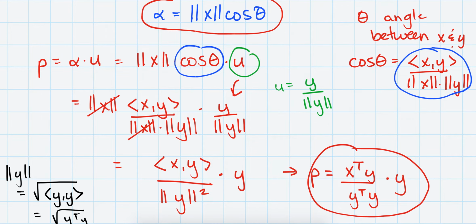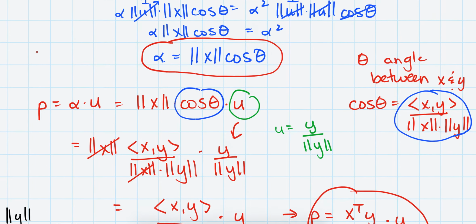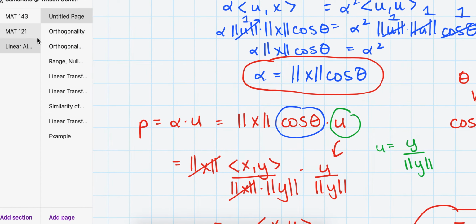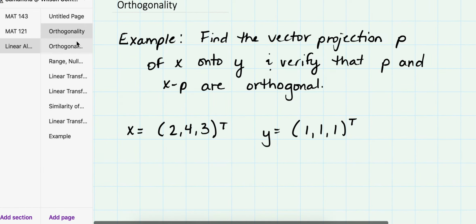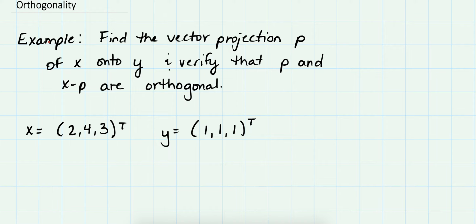Let's do one example, just so we've seen it and we know how to do it. Yeah, here it is. Let's find the vector projection P of x onto y, and then we want to verify that P and x minus P are orthogonal. Here I'm giving you two vectors in R3.